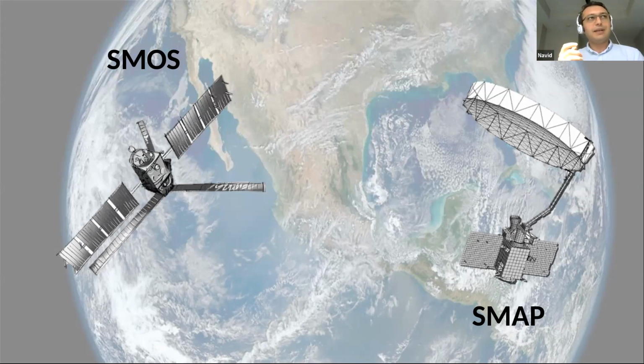However, their spatial resolution is coarse. SMAP has 36 kilometers spatial resolution, and Soil Moisture Ocean Salinity, or SMOS, has 43 kilometers on average.